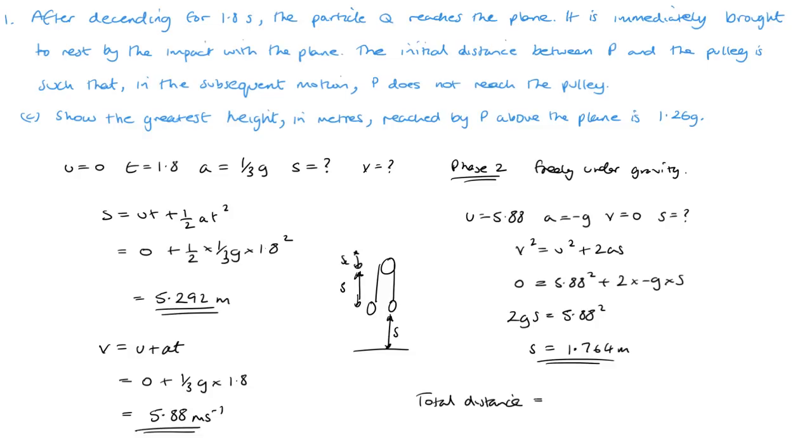If I call that S2 and these two S1, so what we need is 5.292 times 2 plus 1.764, and that will give me the total distance above the ground.